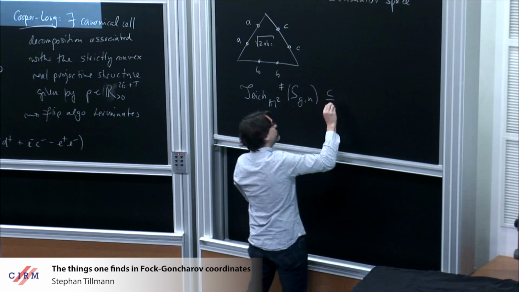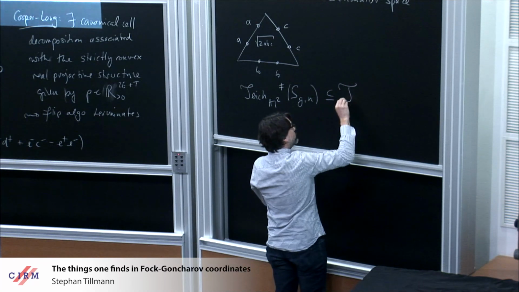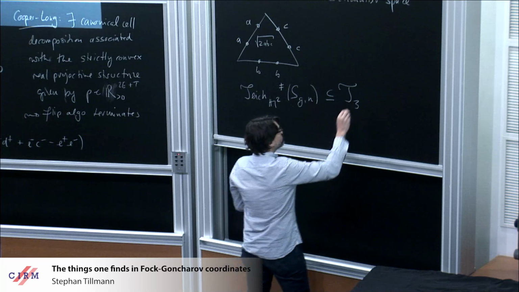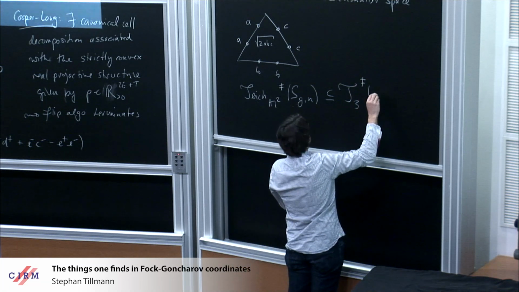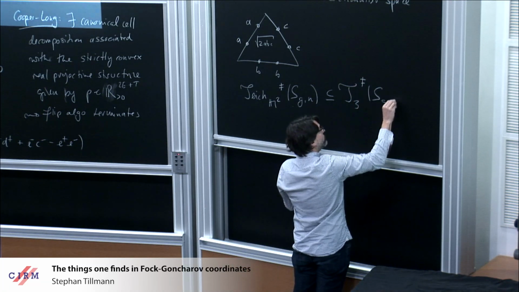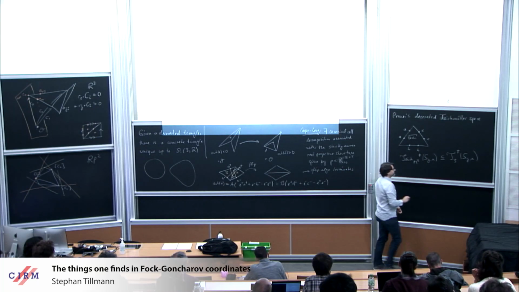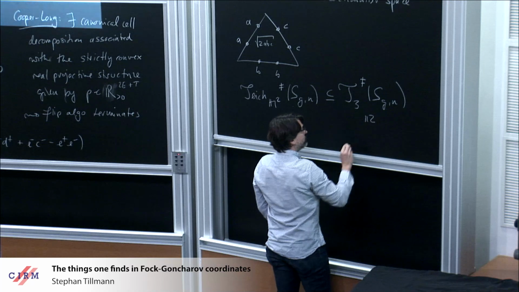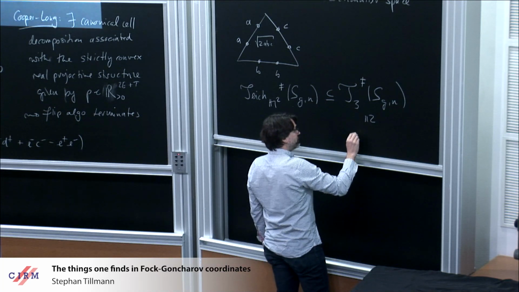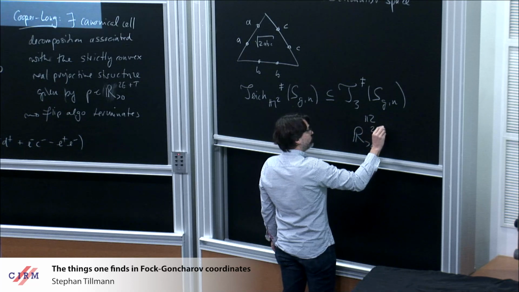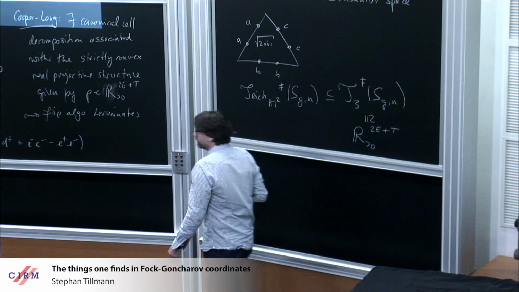And I think of this now as sitting inside these, let's just use this notation here for these real projective structures. Yeah, so this is this parameter space that I get here. And this here, once I pick a triangulation, is the same as R_{>0}^{2E+T}. Yeah?